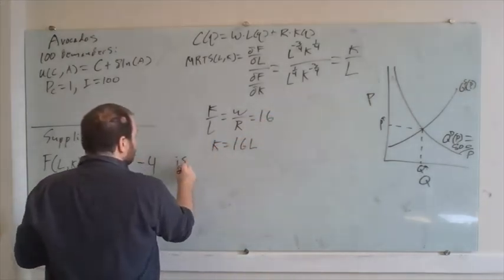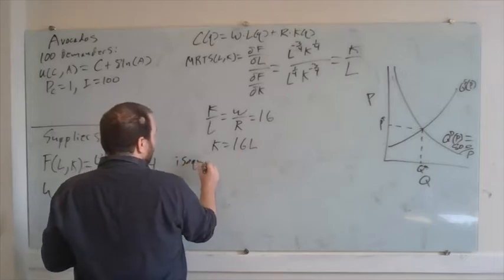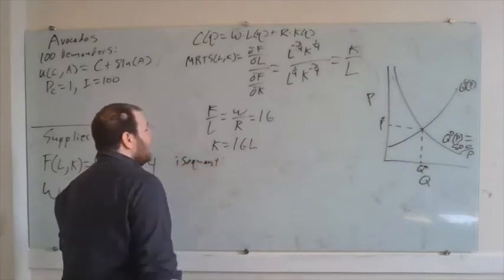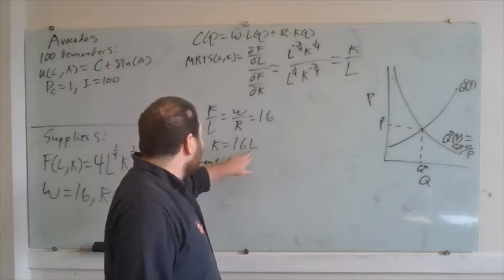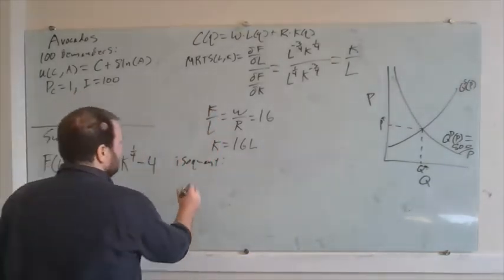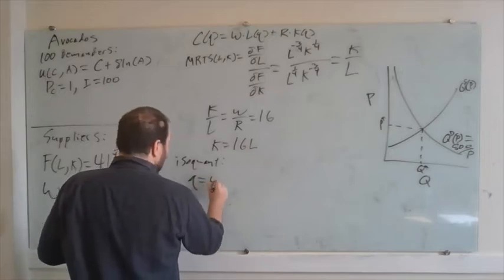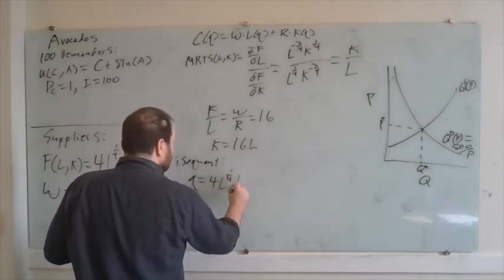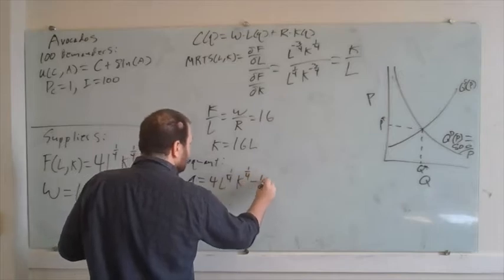From here, we can plug into our isoquant. If we know that capital equals 16L, we still need to know how much K and L we need to produce Q units of output. So we'll say Q equals 4 L to the 1/4 K to the 1/4 minus 4.